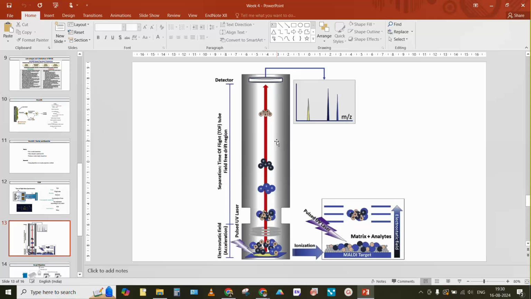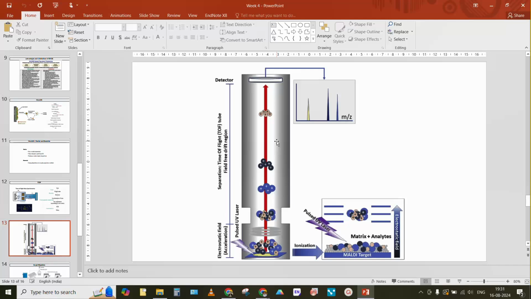If you take an example with three ions, shown in dark blue, light blue and red in the slide, you can expect the small ion, the red one, to show the first peak, followed by the blue ions.